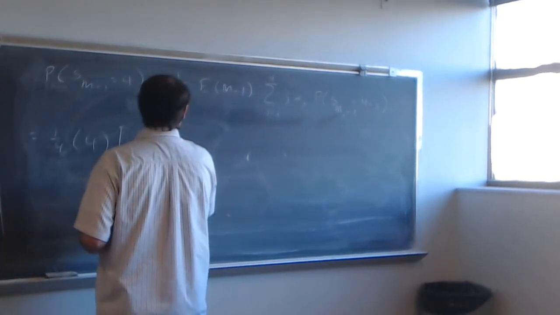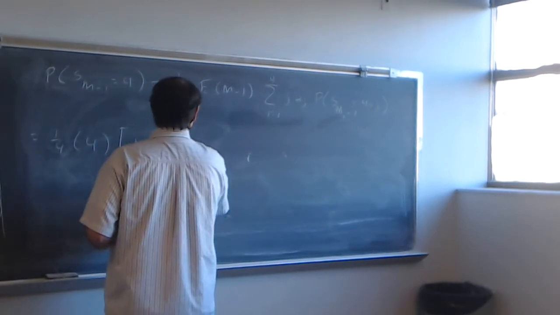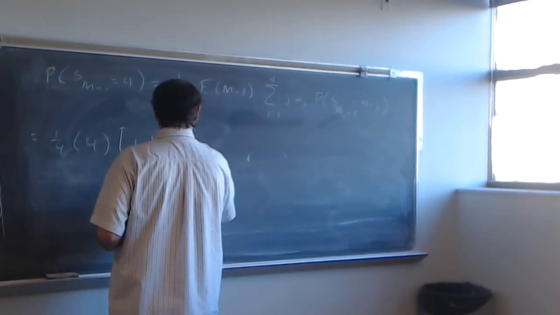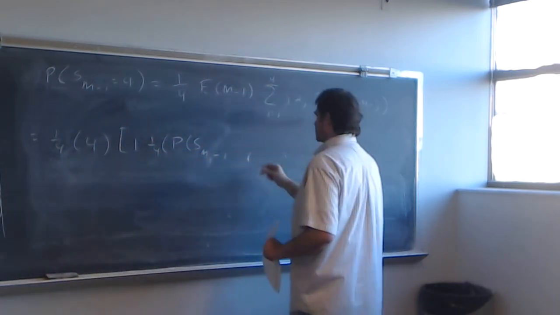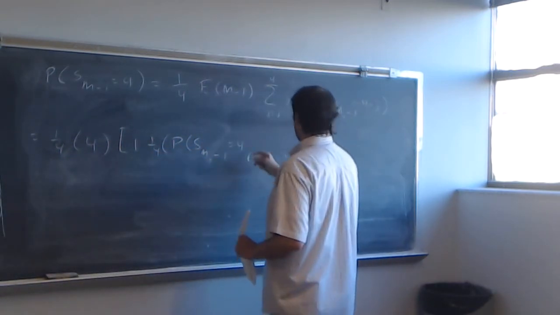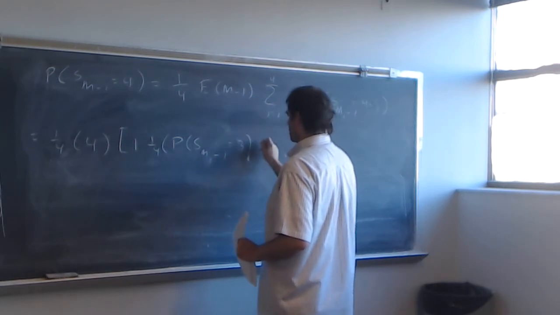So this is going to be 1 times 1 fourth, probability S of M sub 1 minus 1 is equal to 4 minus 1, that's 3.